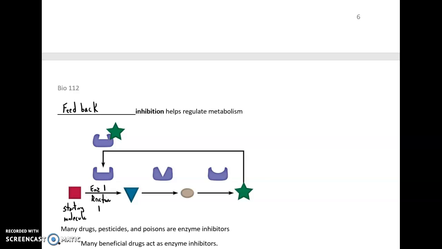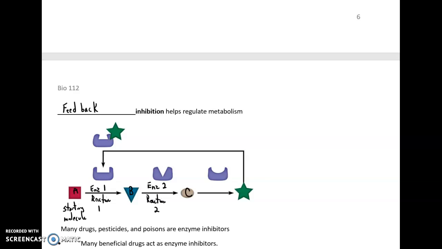And so the starting molecule, the red square, reacts and makes the B compound. And then we have another reaction, reaction 2, catalyzed by enzyme 2 to make compound C.